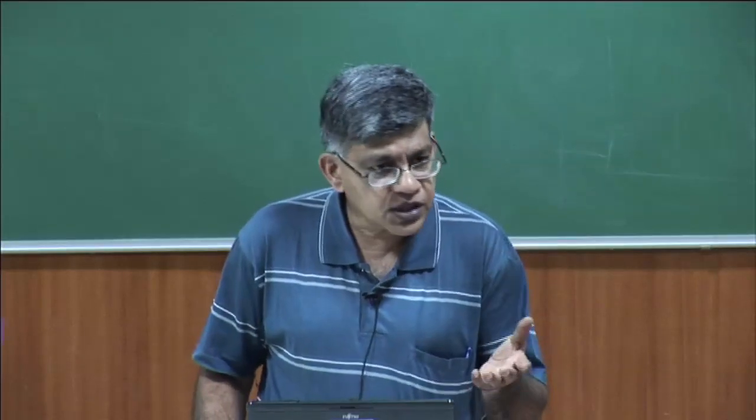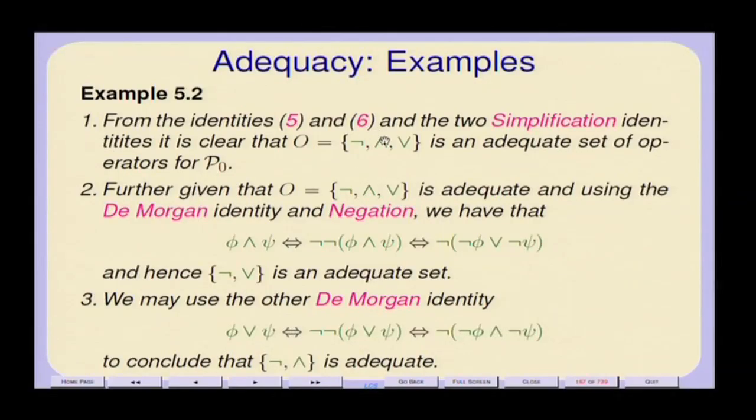Further, of course, which you have seen in hardware courses probably, is that you can get rid of one of these 2. The De Morgan's identity essentially says that and can be replaced by not and or, and vice versa, or can be replaced by not and and. Therefore you just require negation and one of and or to get an adequate set.